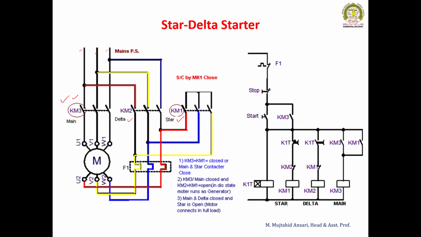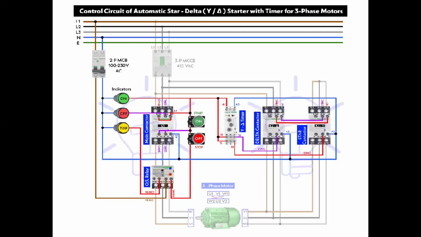Again, we can use remote start and remote off conditions. In the same way, all the off buttons are connected in series with the stop button, and all start sensors are connected in parallel with the start button. So this is the schematic diagram.